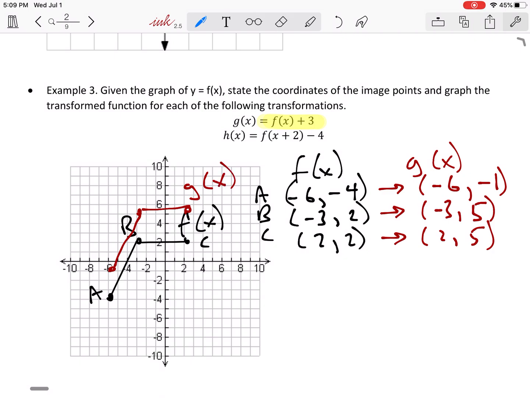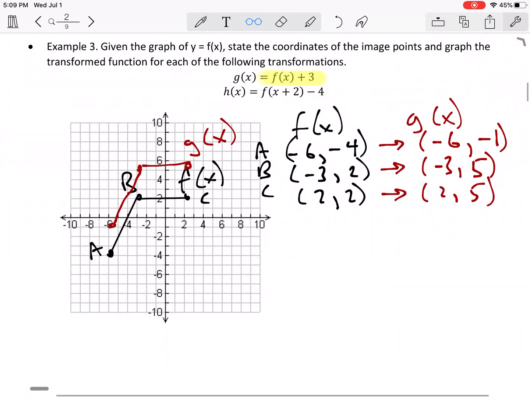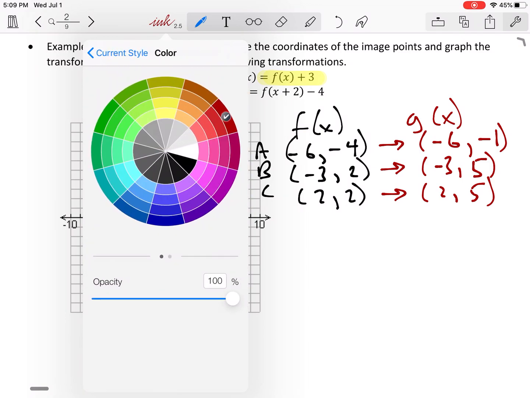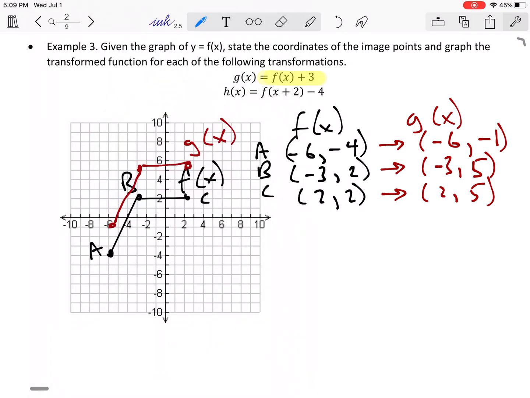Then we can do the same thing for h(x). Let's use the same A, B, C points from f(x). Now let's look at h(x).